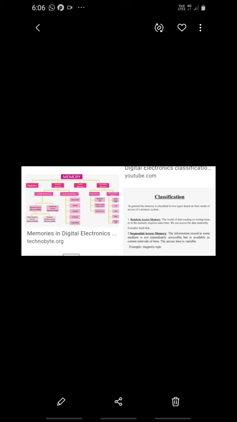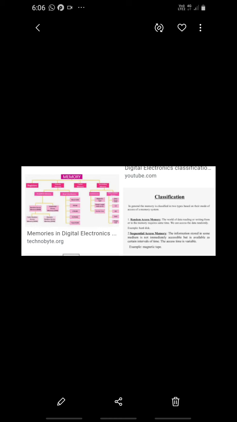Non-volatile memory. In this type of memory, the stored information is independent of power supply. That means the stored information will be present as it is even if the power fails.